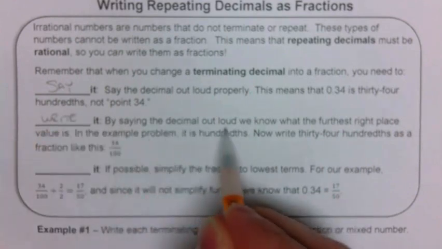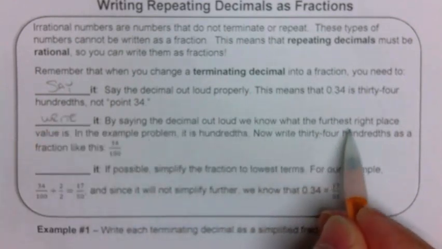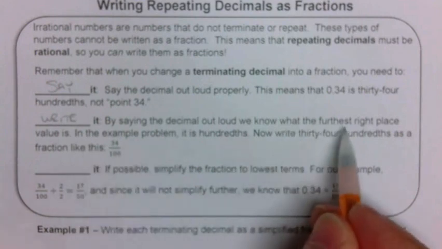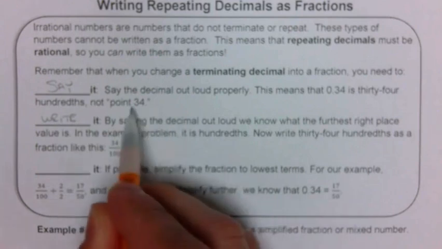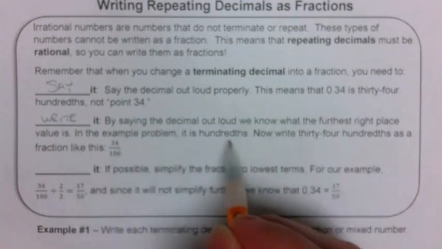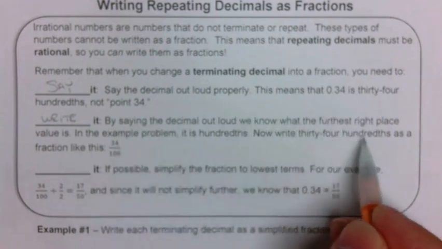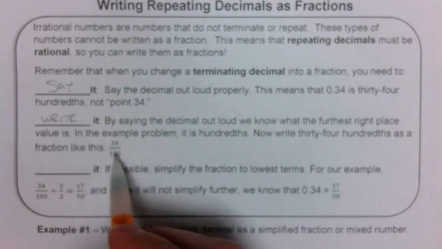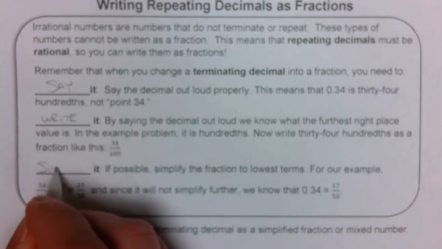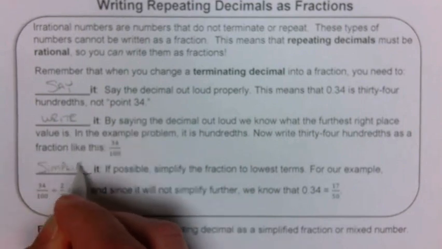By saying the decimal out loud, we know that the furthest right place value, in the example above, is hundredths. Okay, so right here we go to the hundredths place. Now write 34 hundredths as a fraction, 34 over 100. Once you say it and then you write it, the last thing that you need to do is simplify it.